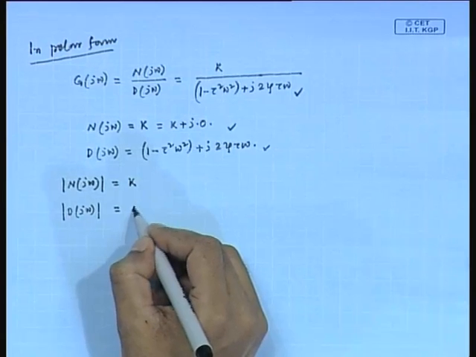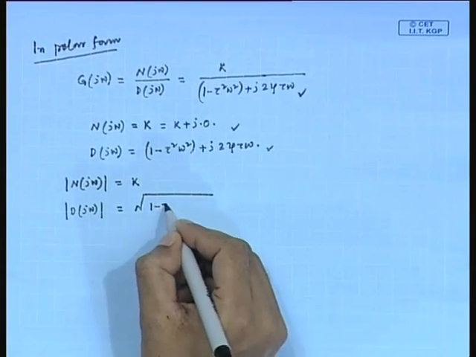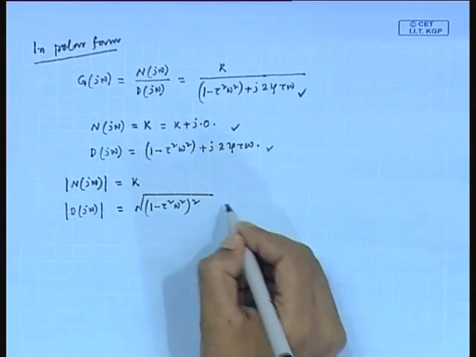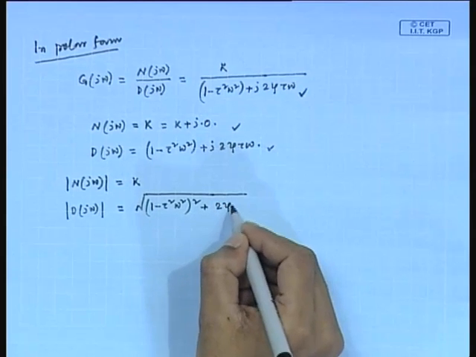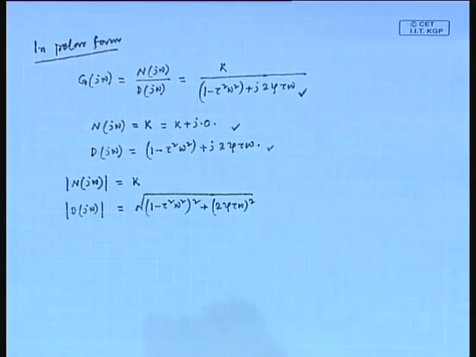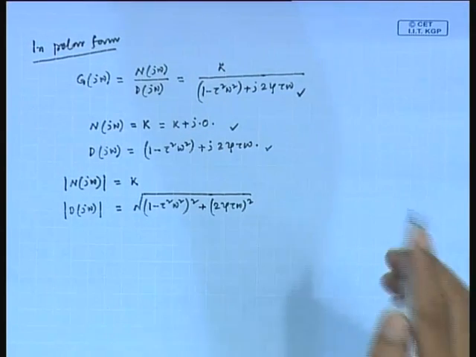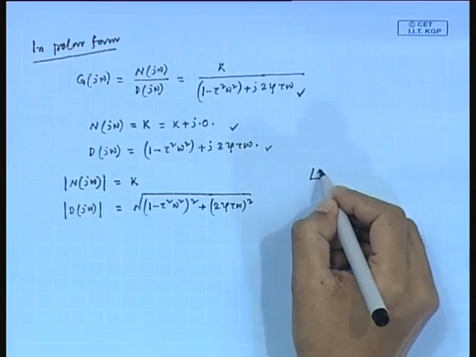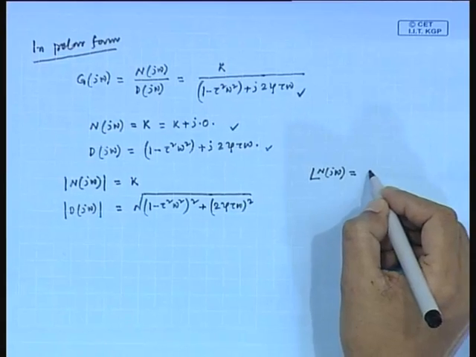That is root over of 1 minus tau square omega square whole square plus 2 zeta tau omega whole square. This is the magnitude of denominator. Now, what is the argument of this numerator? 0.